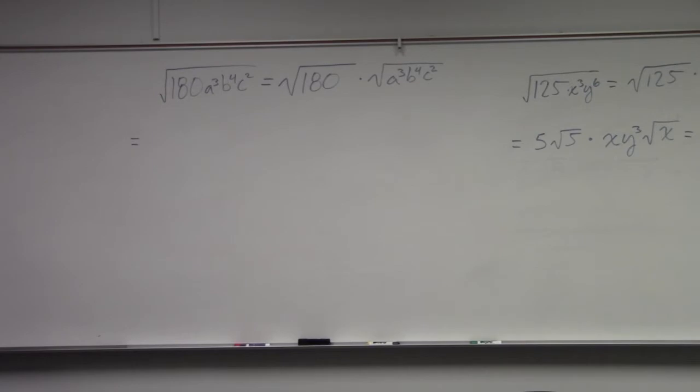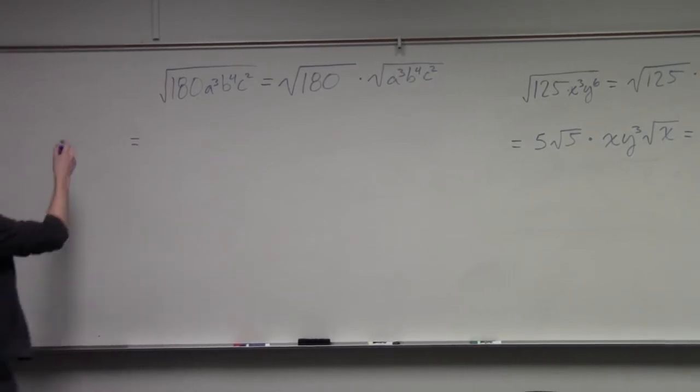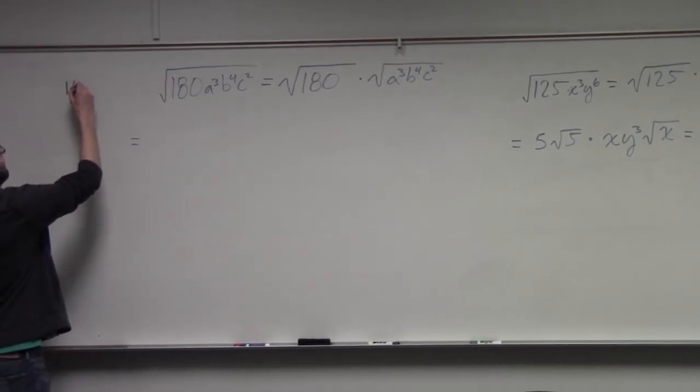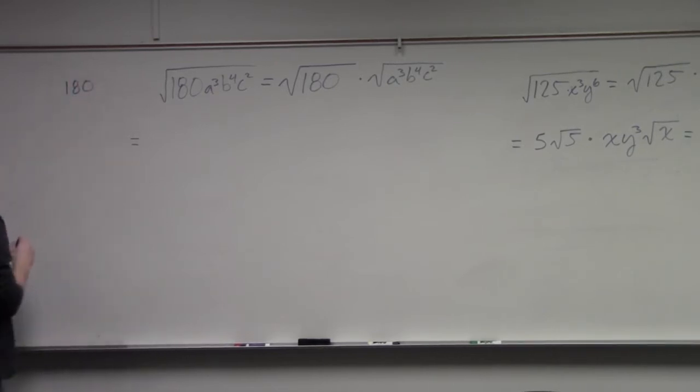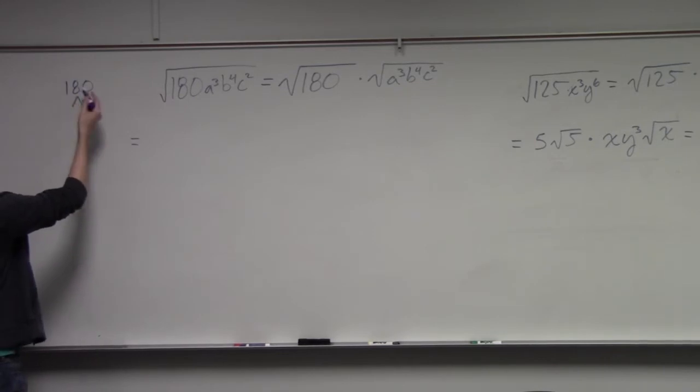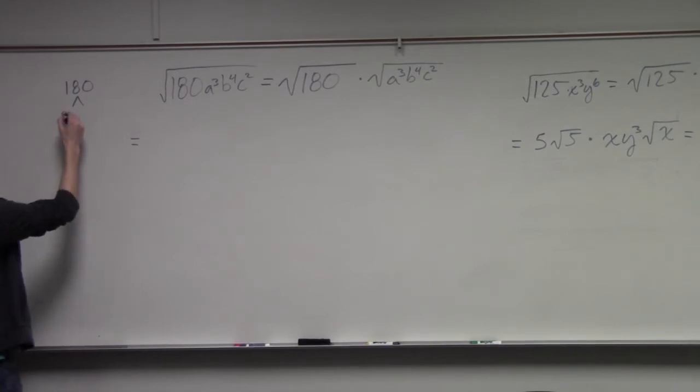What perfect square do I have in 180? I can't think of one, so let's break it down. So if I look at 180, let's see, I know I can pull a 9 out of here. You could do a 6. Yeah, I could do a 6.